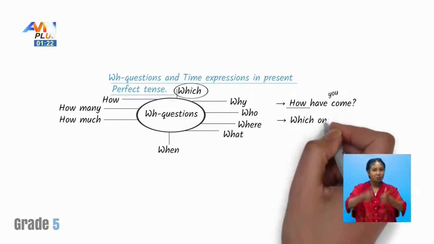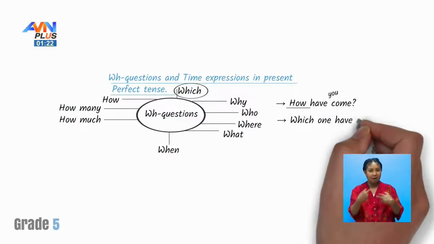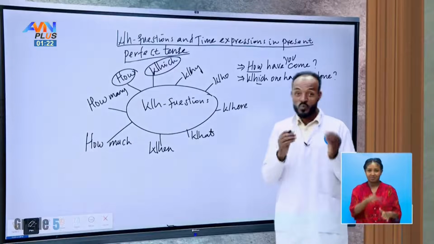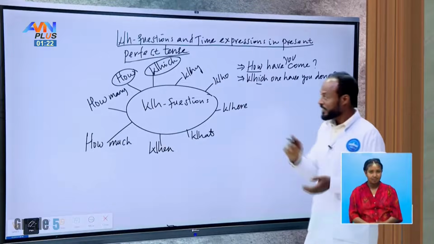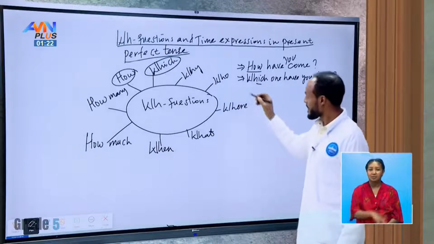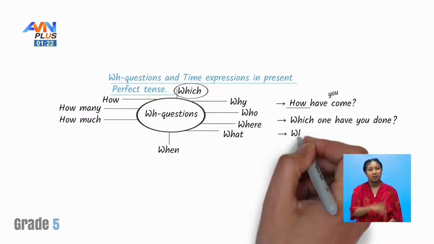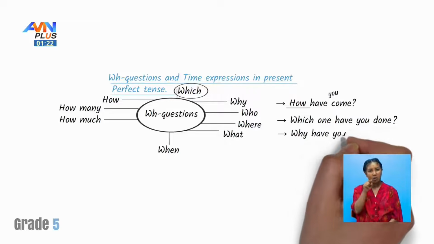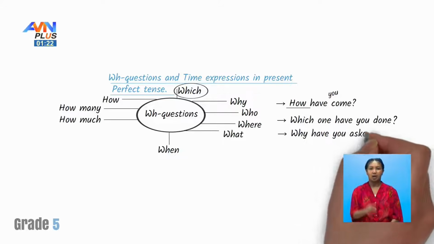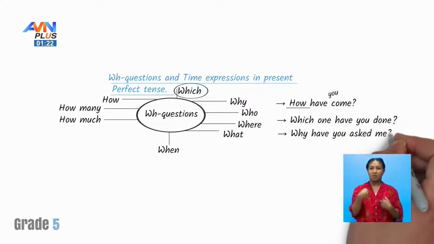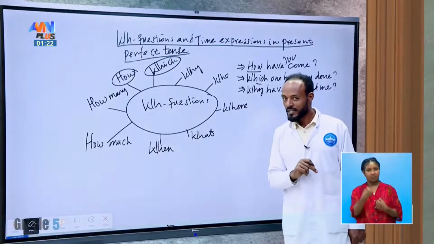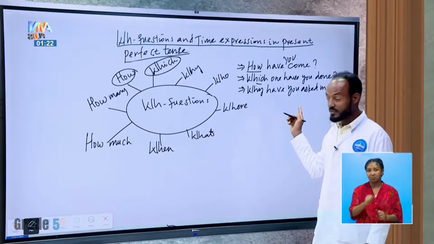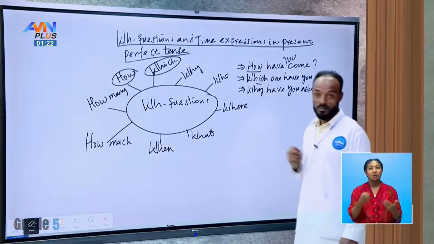We can say, which one have you done? What about why? Why have you asked me? Yes, if you want to know the reason, you can ask with such words. So these are the examples.